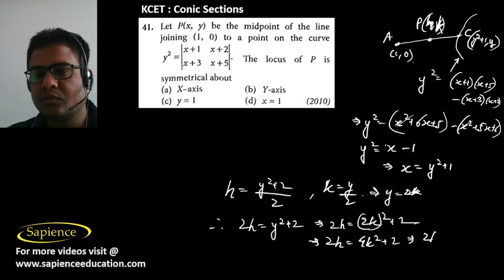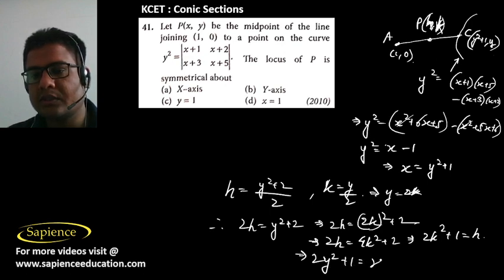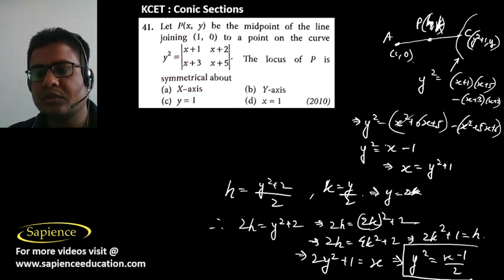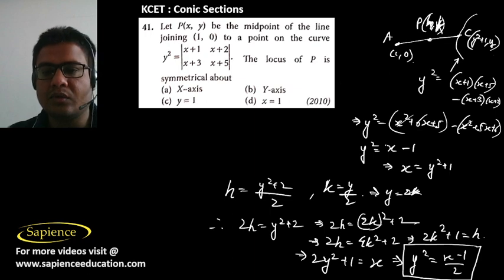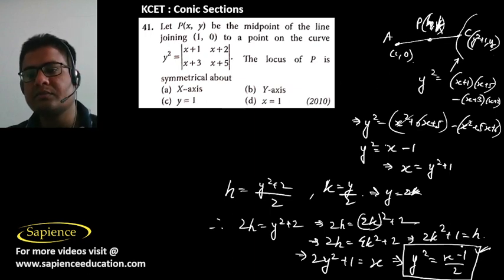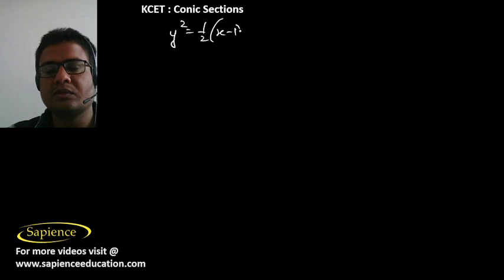It means that 2k square plus 1 is equal to h, that is 2y square plus 1 equal to x, or we can say y square equal to (x minus 1) by 2. So this is the equation of the locus of the point P. Now we can write it as y square equal to half into (x minus 1).